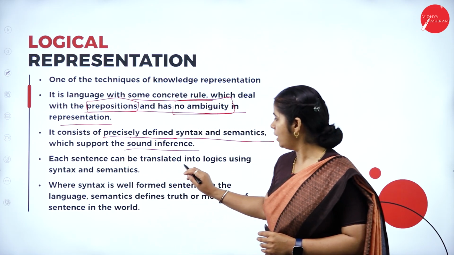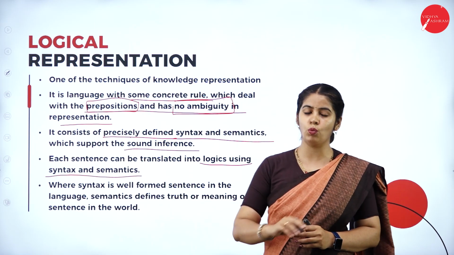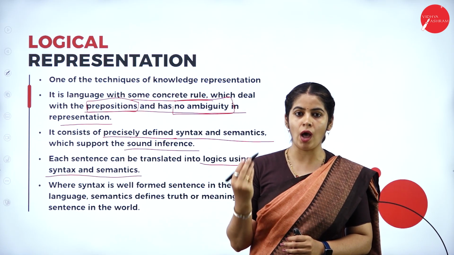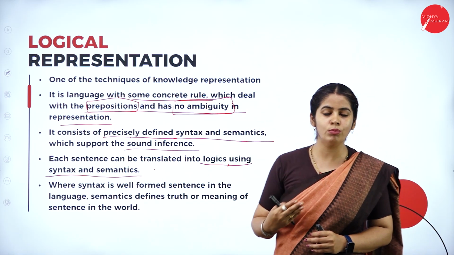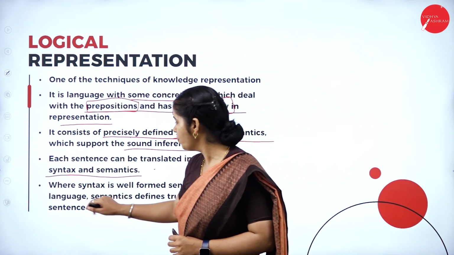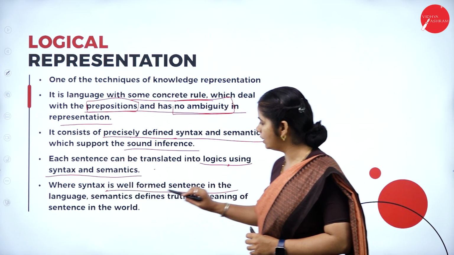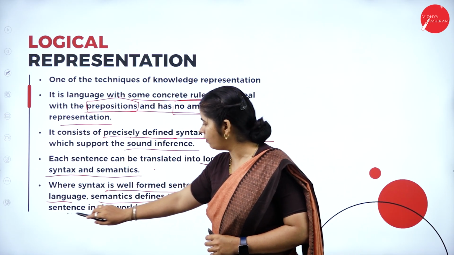Each sentence can be translated into logic using the syntax and semantics. Whatever sentences we have as declarative statements or declarative approaches can be converted into logical symbols using the syntax and semantics of logical representation, where the syntax is well-formed sentences in the language and the semantics defines the truth or the meaning of the sentences.